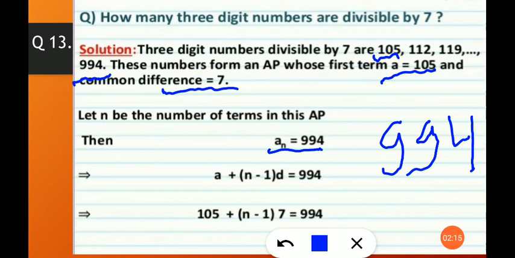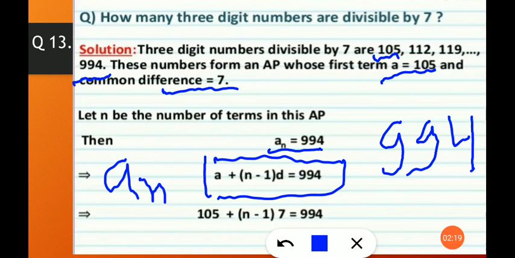And then we apply the formula an is equal to a plus n minus 1 d, where a is equal to 105, n we don't know, d is equal to 7 and an is 994. So we get the equation 105 plus n minus 1 multiplied by 7 is equal to 994.